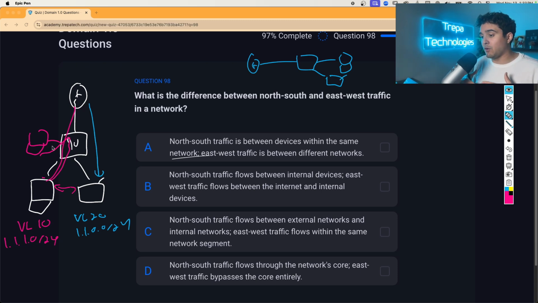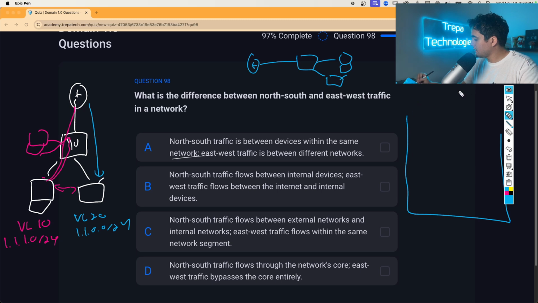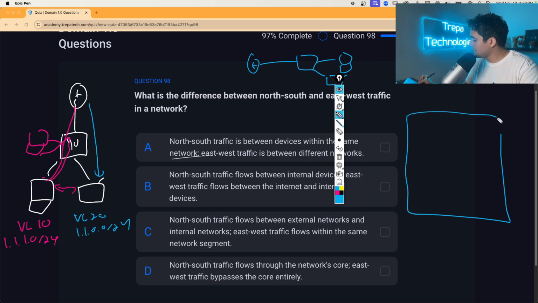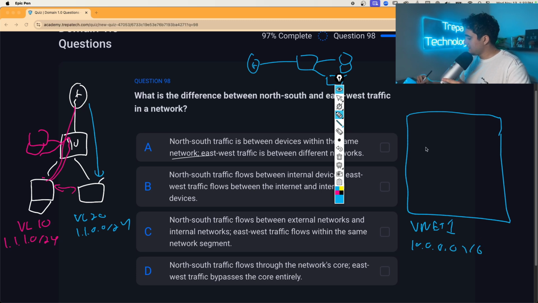And we see this a lot within cloud environments. If I set up a VNet and a couple subnets in there, for resources within those subnets, I can apply different security settings and traffic flows just between those subnets in my cloud environment. So let's say I have a VNet here in Azure. This is VNet 1, and it's 10.0.0.0/16. But then I have subnets in here.